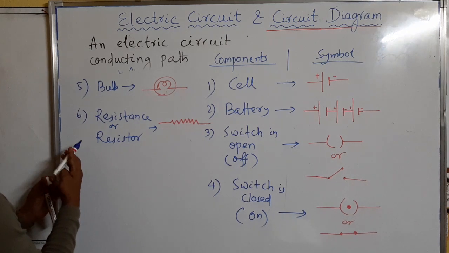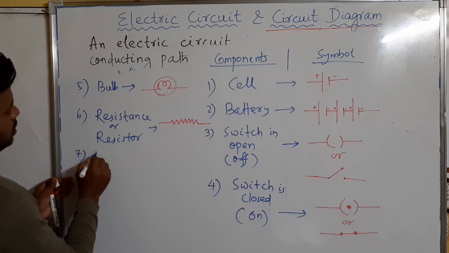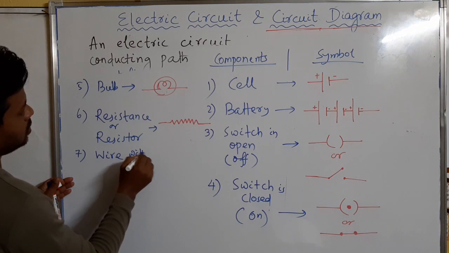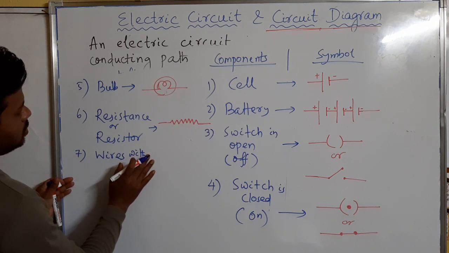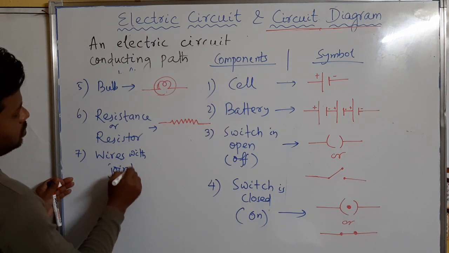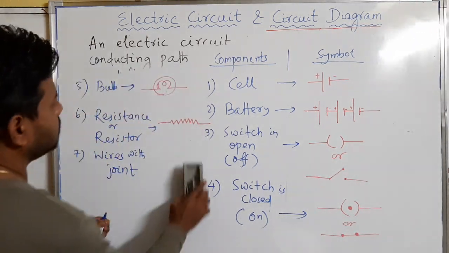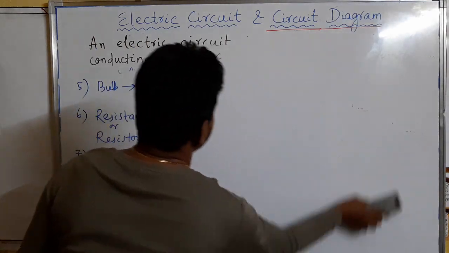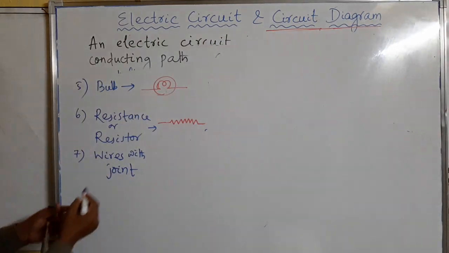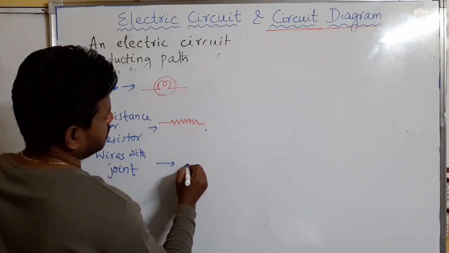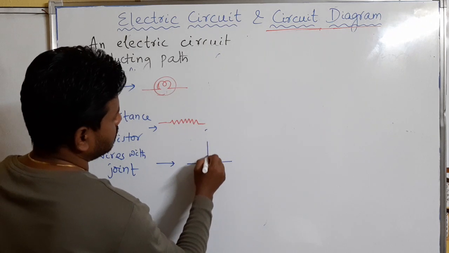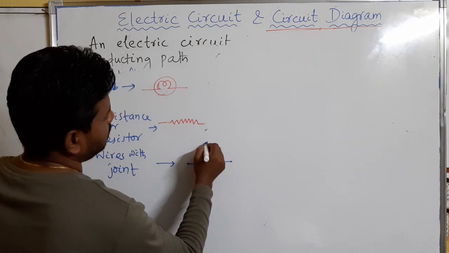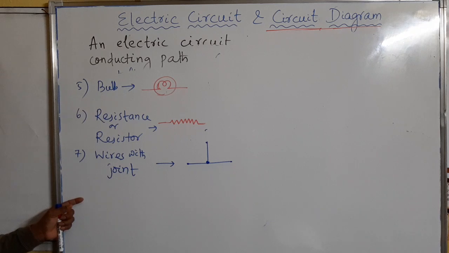Then wires with joint. Normally this means the wire is in joint condition.